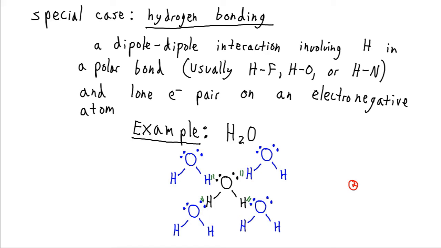Now, an important note, hydrogen bonding is not just because you see hydrogen present. It must be part of this dipole here, and it must also be associating with these pairs of electrons. If you have something like CH4, which is methane, then that is not going to give you hydrogen bonds.